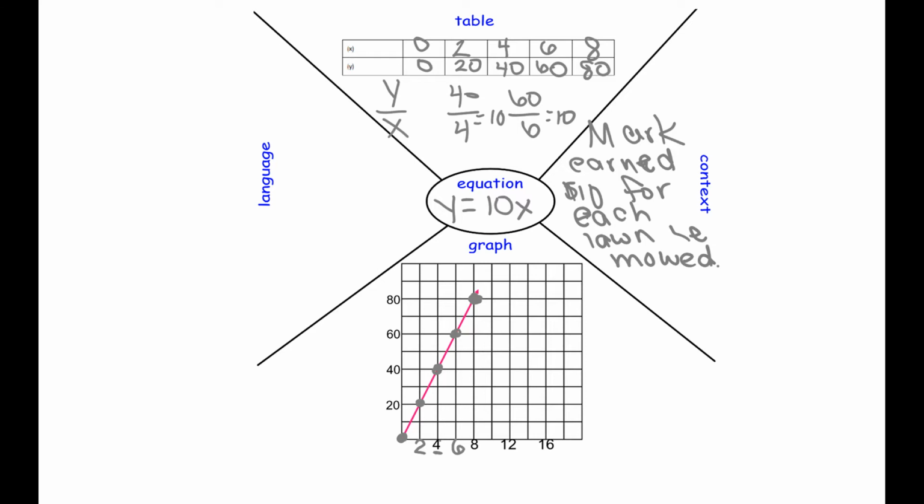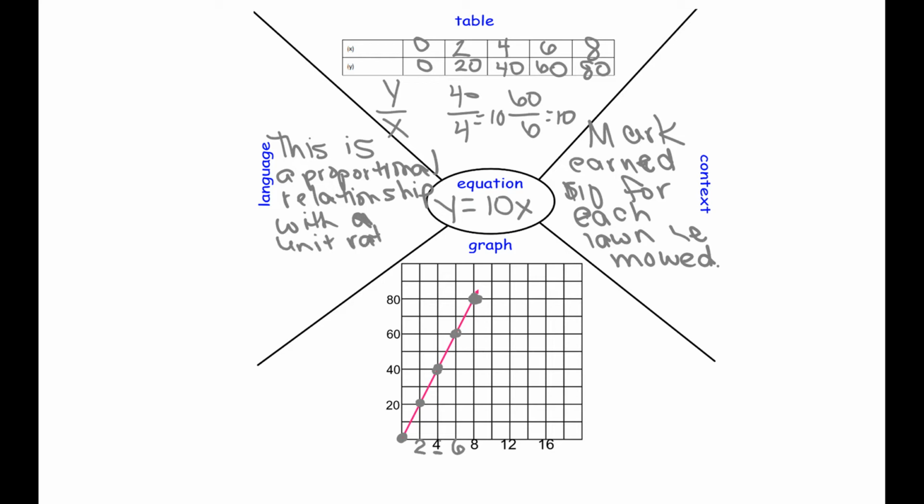And then for the language, same sentence. Remember, this is a proportional relationship with a unit rate of 10.